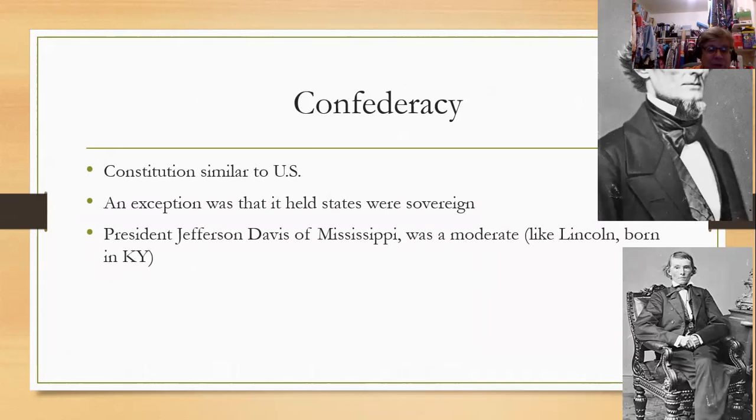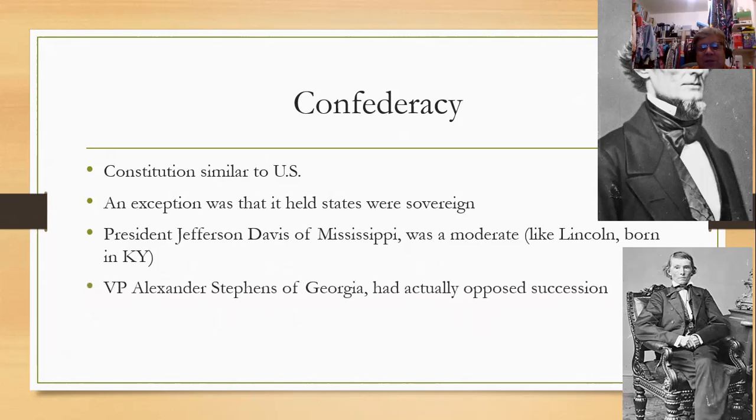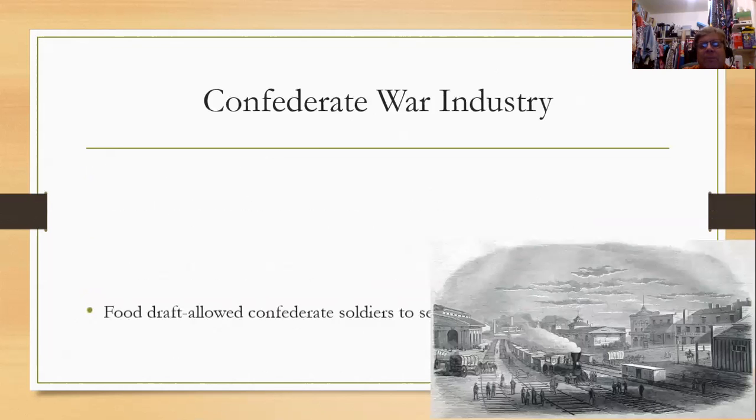Lincoln's family moved to Indiana and then Illinois. Jefferson Davis' family moved further south. Vice President Alexander Stephens of Georgia initially had opposed secession, but went into the Confederacy with his state. So the Confederacy picked two people in its presidency that were more moderate.